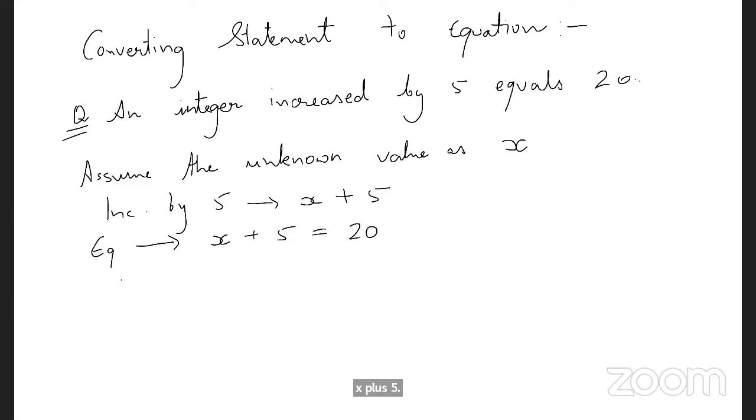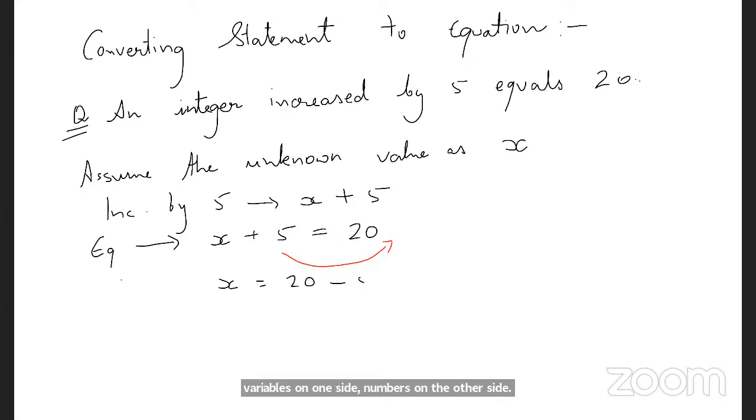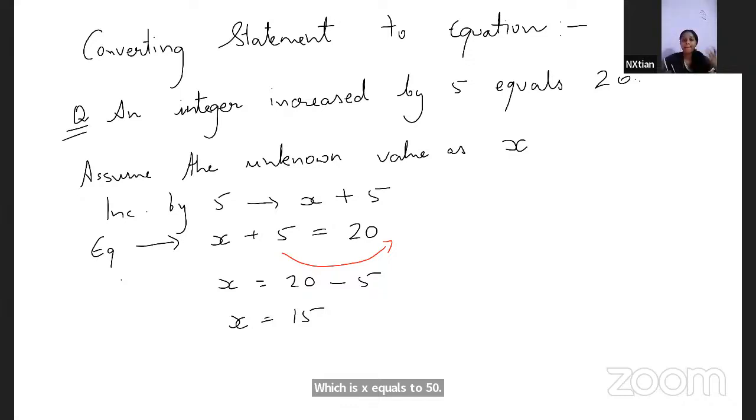How do we solve it? We will take the 5 on this side because again, variables on one side, numbers on the other side. x equals to 20 minus 5, which is 15. x equals to 15. Like this, we can derive an equation from a statement and then solve it.